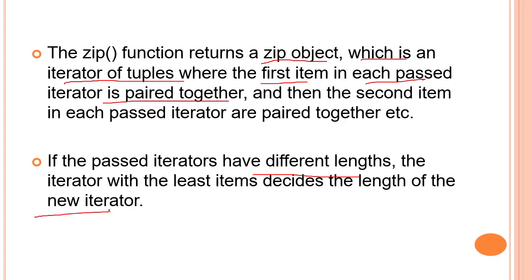So let's say iterable 1 has 3 elements and iterable 2 has 6 elements. Then the new zip object that we will be getting will be of length 3. Whichever iterator has the least items decides the length of the new iterator.